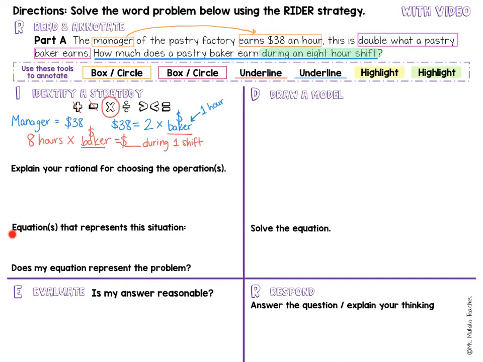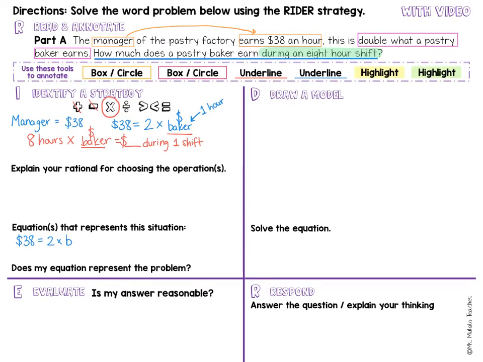Next, I would like to work on the equations that represent this situation, because we started to make some nice almost equations here. The first thing that we have to do is we have to know that the manager earns $38 an hour, and that is double what the pastry baker earns. So the manager makes more than the baker. So if we write 38 equals 2 times the baker, will that tell us how much B is? No, it won't. So we actually need to rearrange this so we can figure out what B will equal.